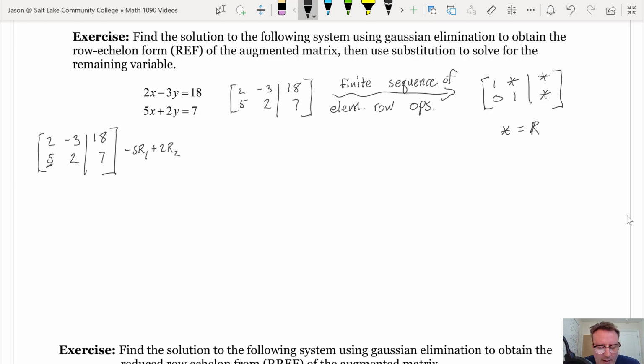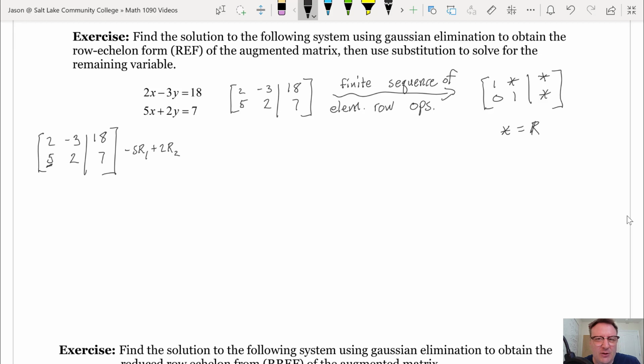The notation I'm always going to use when I write down my row operation is that the row that comes second is always the row that we're changing. So we're not changing row 1 here. We're just going to change row 2.